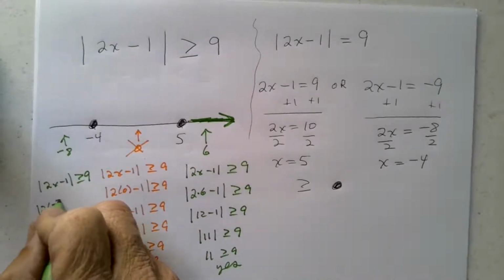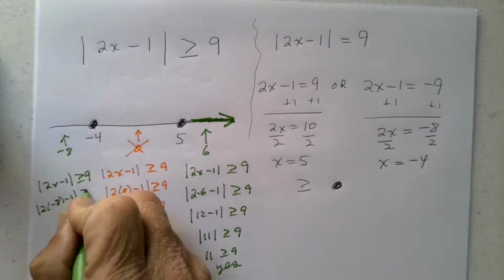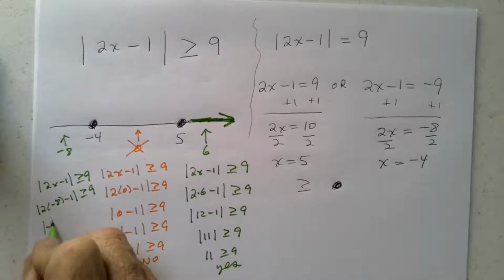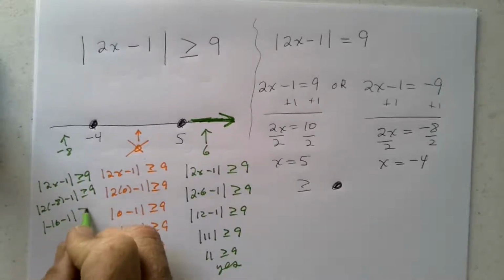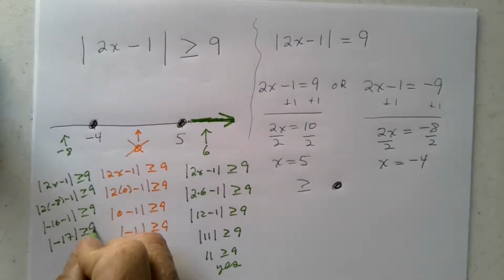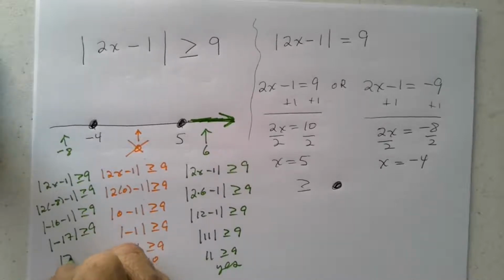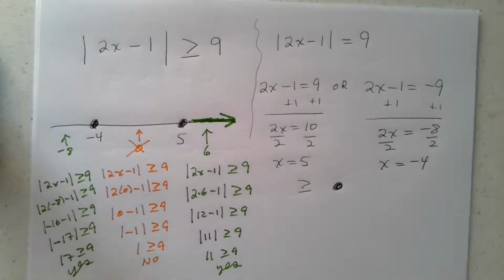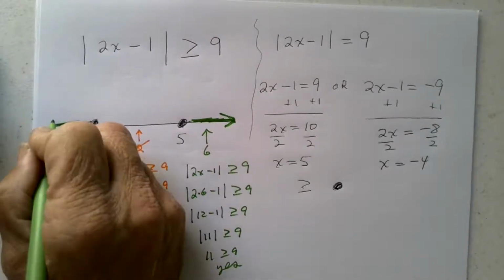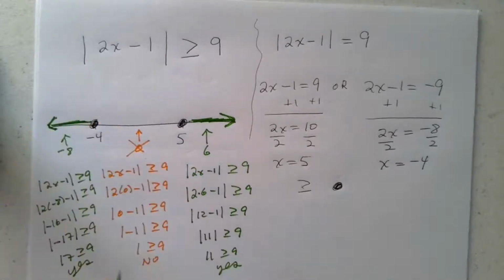Absolute 2 times negative 8 minus 1: 2 times negative 8, negative 16 minus 1 is negative 17. Absolute negative 17. Is 17 greater or equal to 9? That's a yes again. So I'm going to shade this interval, all the way to negative a million and beyond.